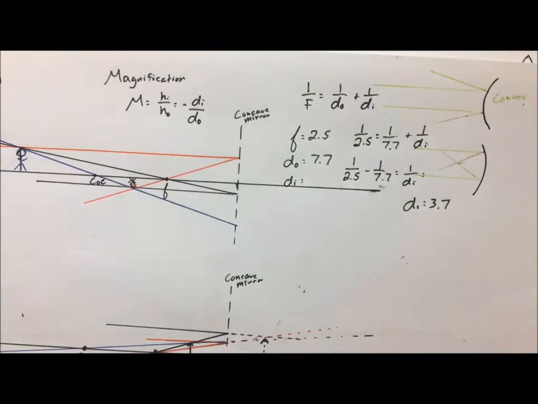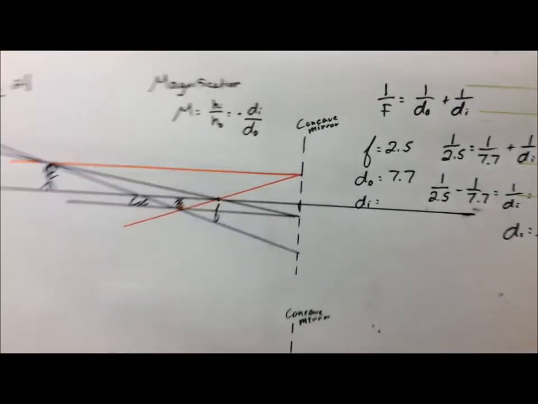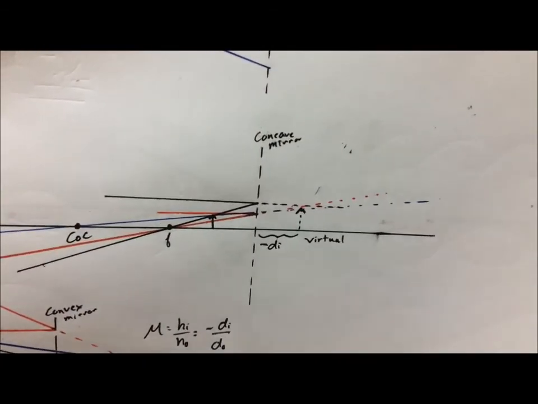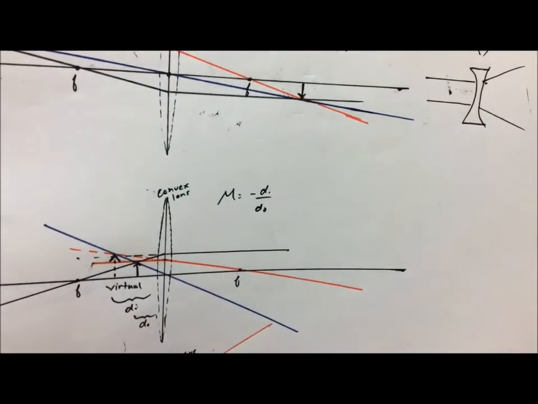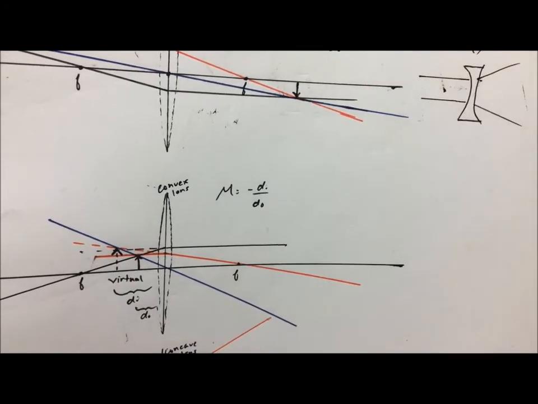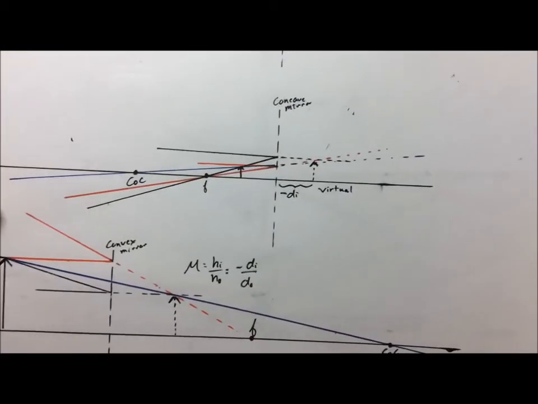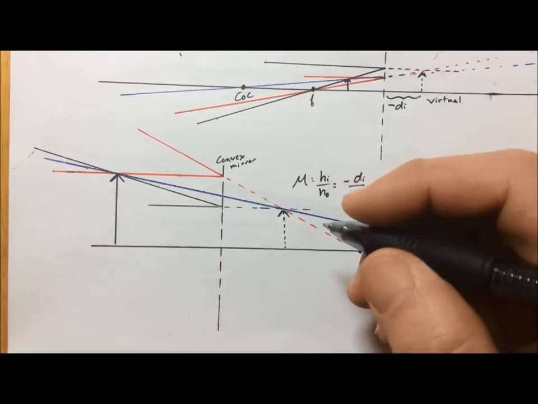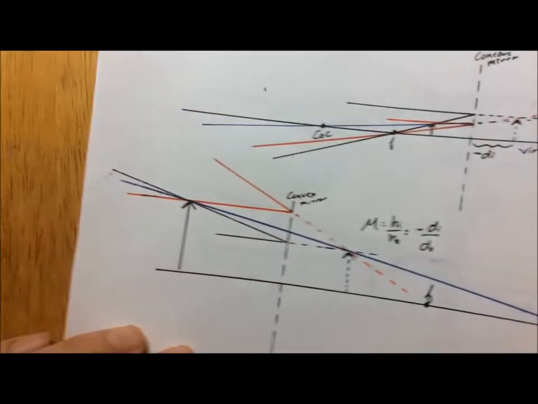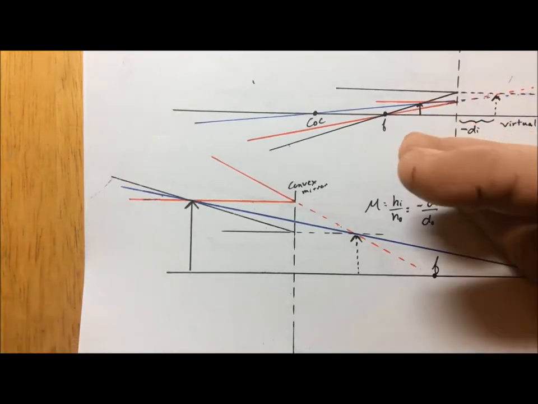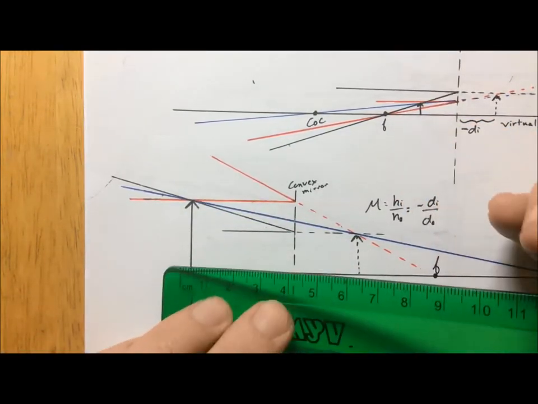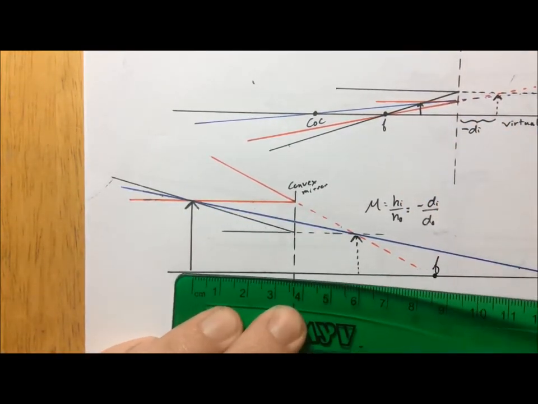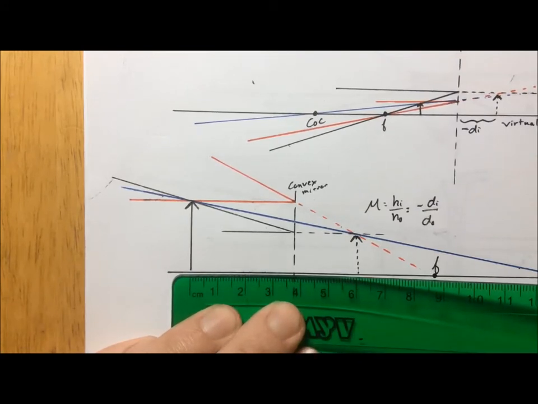Now let's do one more, just so we can say we did it. Let's say we deal with one of these virtual ones. Actually, let's do this convex one. So if we have the convex one, then we have a distance of the object of around 3.8.